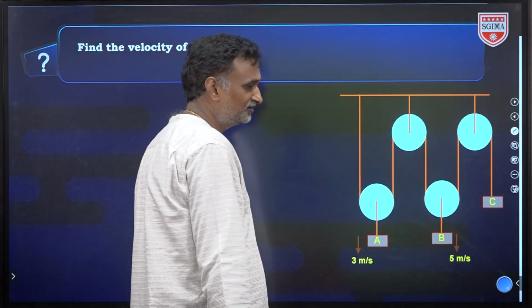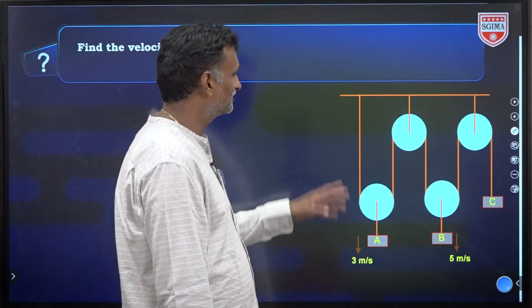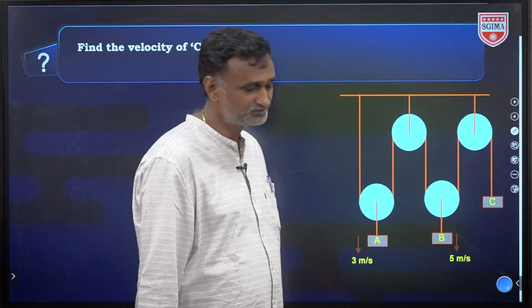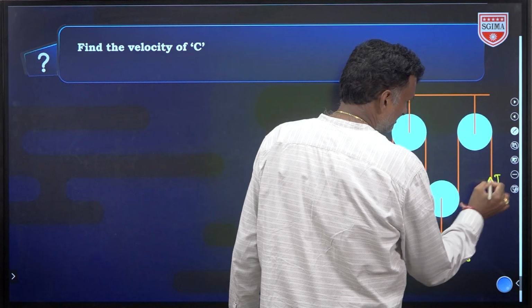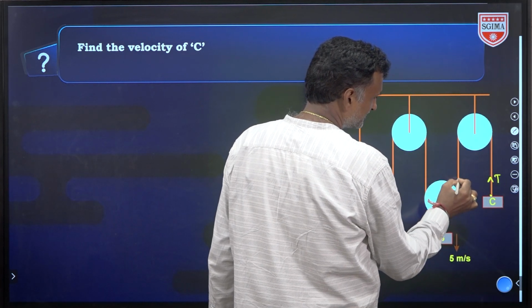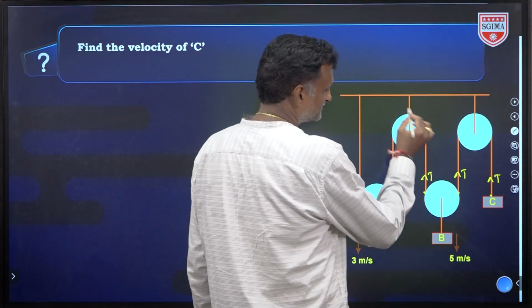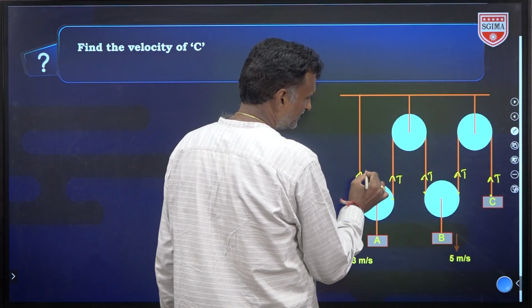We need to find that velocity direction also. So, first take a long string. In that long string we write the tension: this is T, with respect to this point again T, here T, and here also T, here also T.